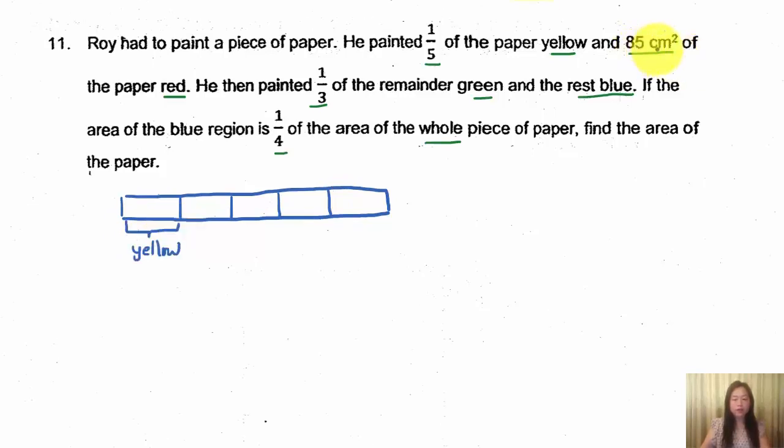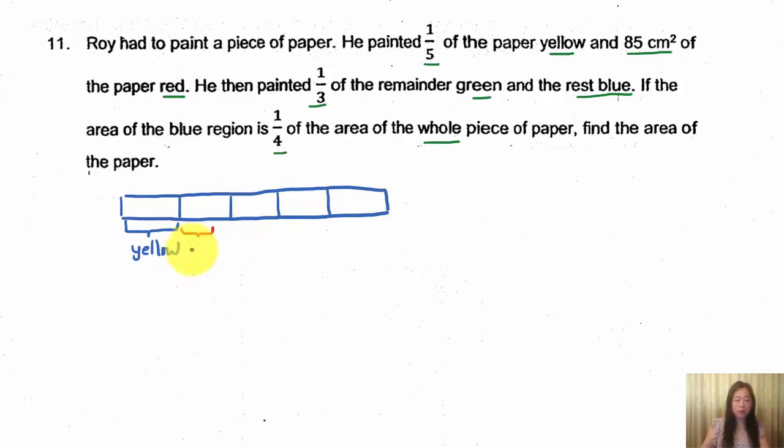Now there's an 85 cm square of paper red. We do not know how big this 85 cm square is, so we can only assume, and the trick is do not cut exactly at here because you're confusing your brain. So either you go a little bit less or a little bit more, and this will be red and 85 cm square.